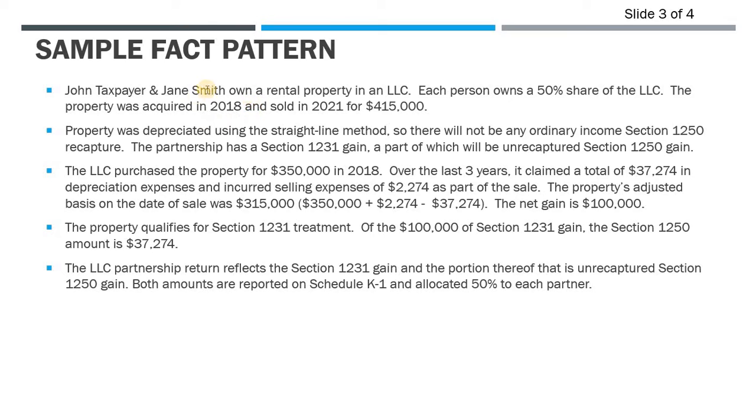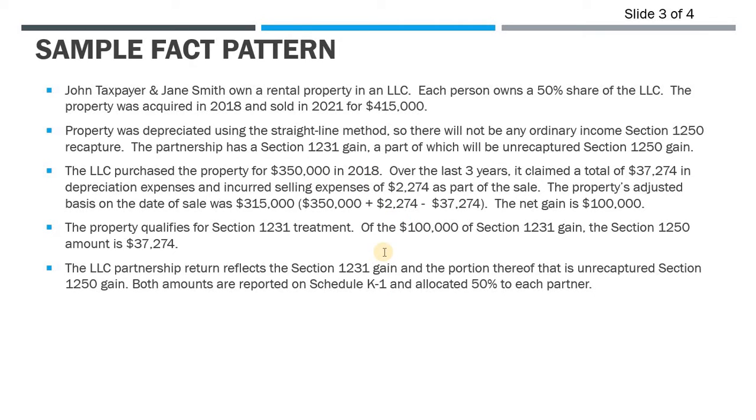Because they put the property into service in 2018, they're using straight line depreciation. There's no accelerated depreciation, so they're not going to have any 1250 recapture, but they will have unrecaptured Section 1250 gain.